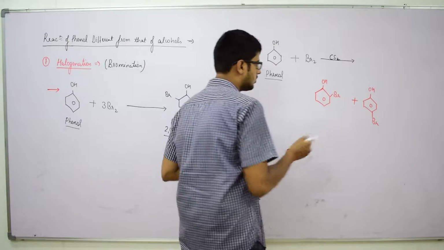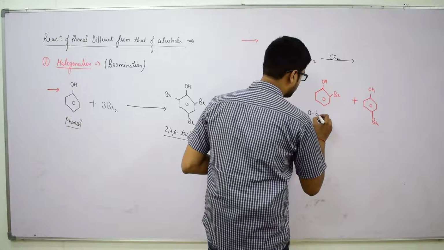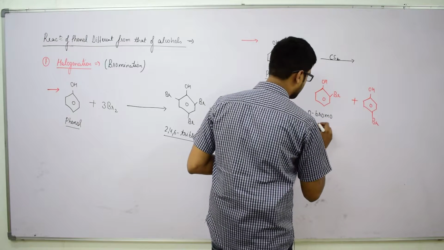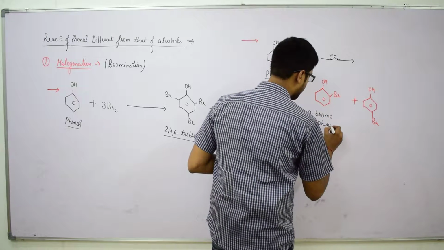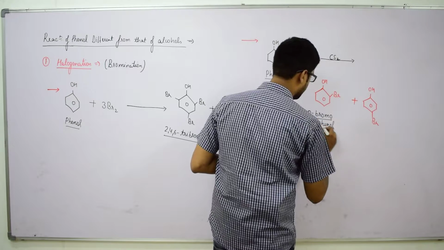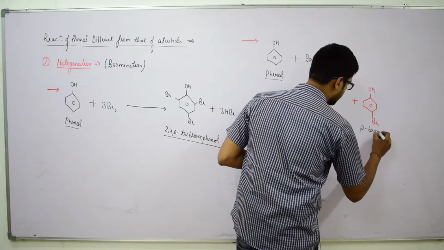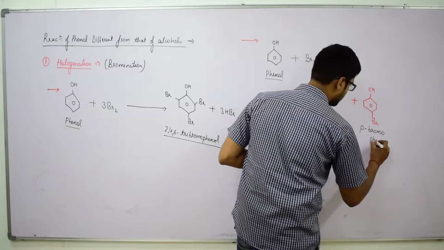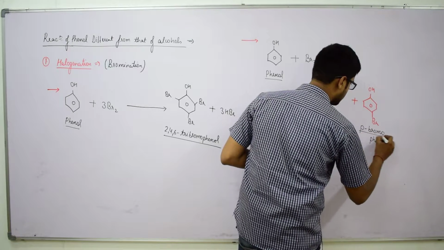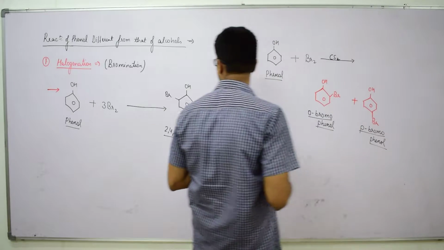So, this is orthobromophenol and this is parabromophenol. So, this is the entire mechanism of bromination.